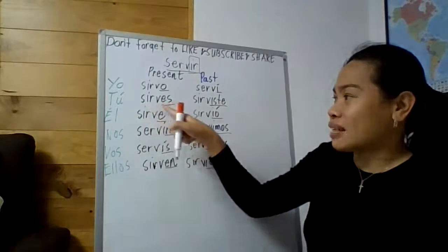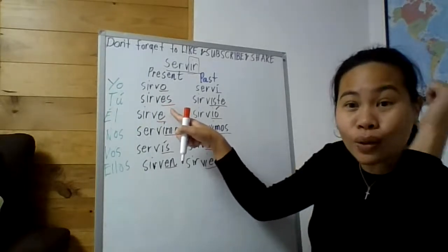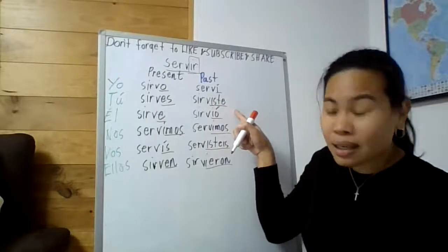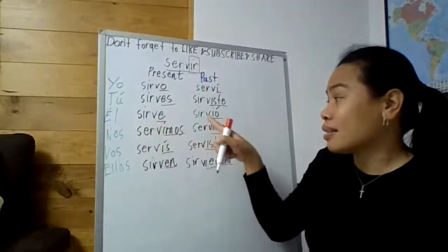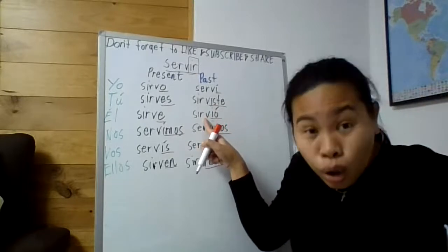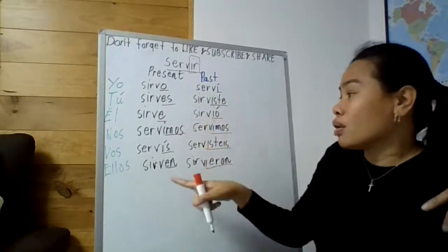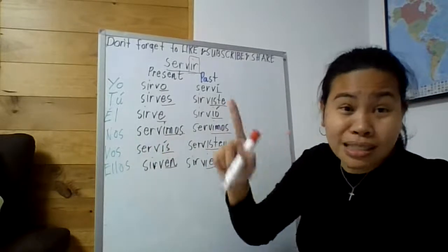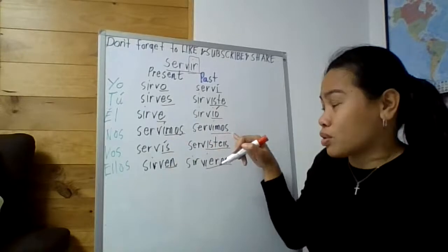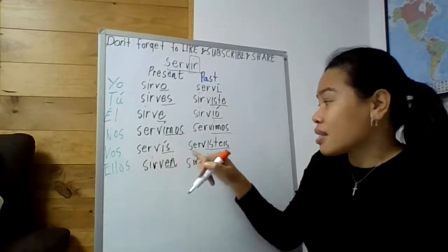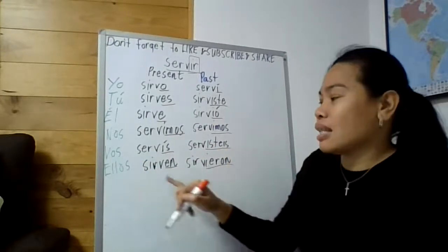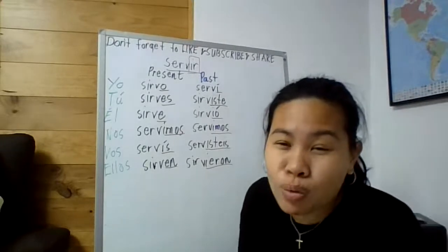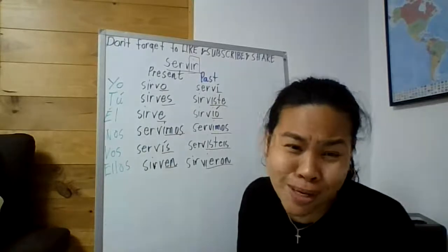Sí, tú sirves, and then el pasado, ayer, por ejemplo, serviste, and then él sirve, él sirvió ayer, for example, ¿no? And then for nosotros is the same, so you don't have problem. Imos, imos. And then here, servís, servisteis. And then sirven, servieron.